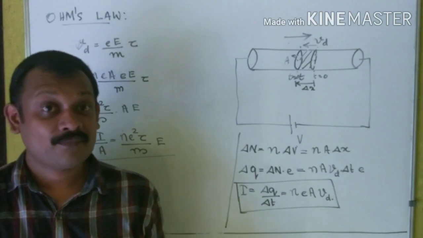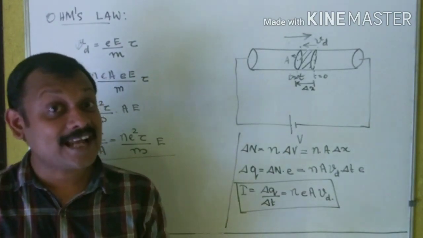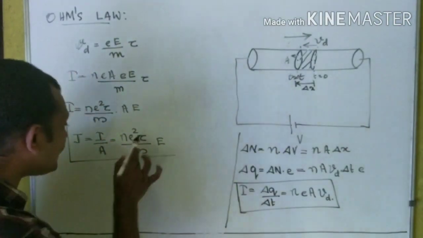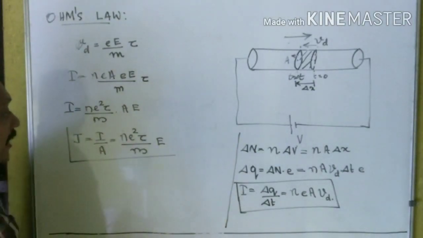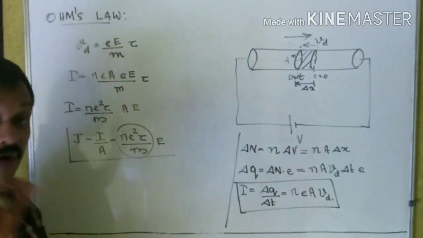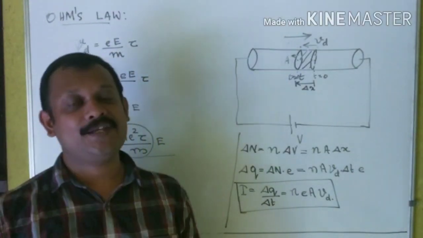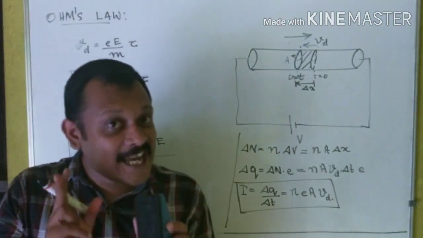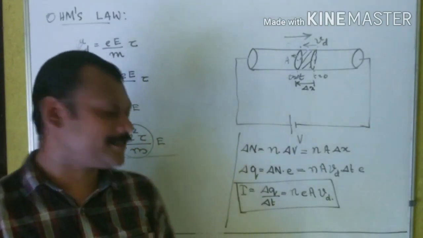Relaxation time, which is a constant at a particular temperature. That means this is a temperature dependent, material dependent constant. That means this much is a constant for a given material at a particular temperature.